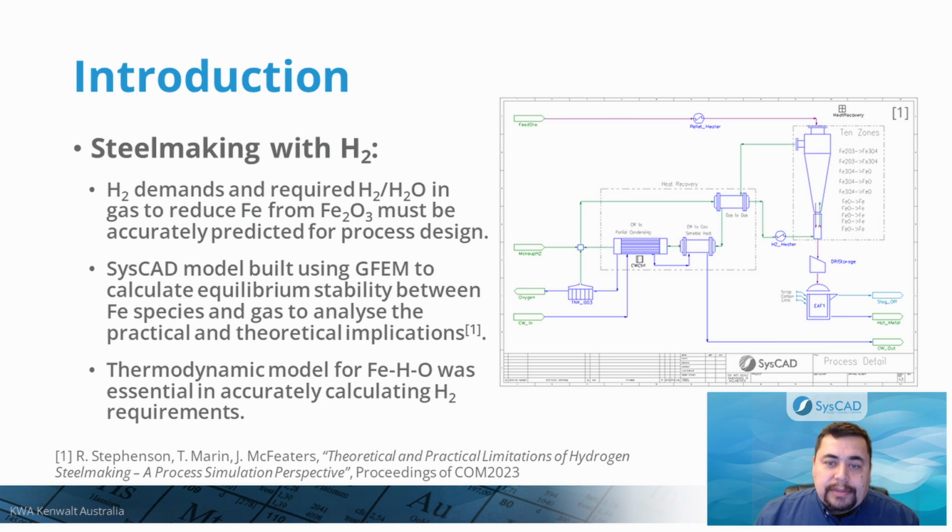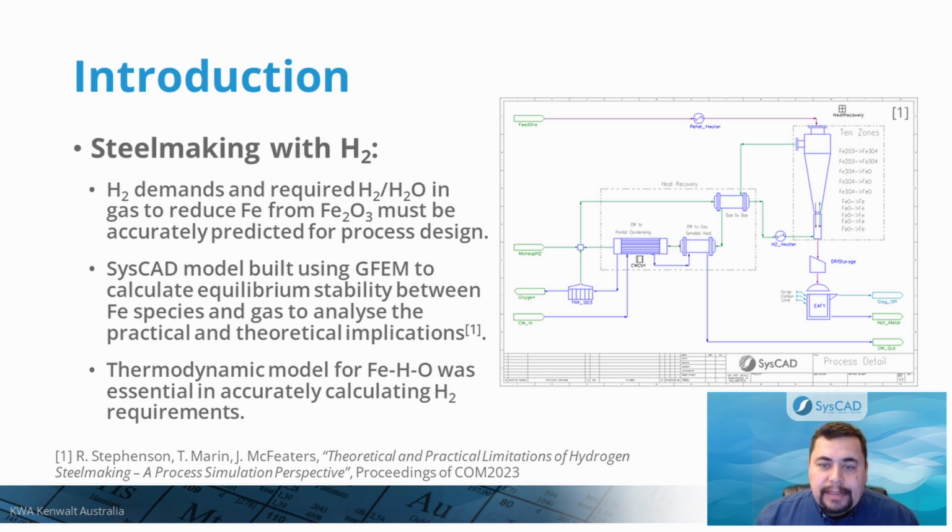In this process, of course, the idea is to replace carbon by hydrogen in order to reduce iron oxides into iron. The main difference between carbon-based steelmaking and hydrogen steelmaking is the fact that in the latter case, there are gases as reactants and products, whereas in the case of carbon reduction, there is carbon present as a solid reactant and the product is a gas, carbon monoxide or carbon dioxide, at least when looking at the global reaction of the overall process.